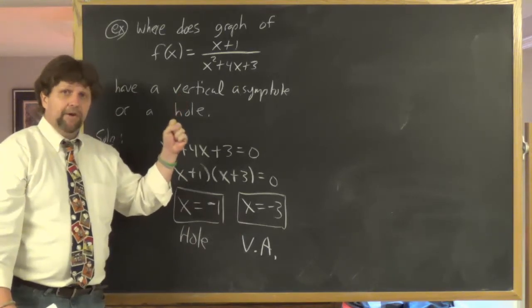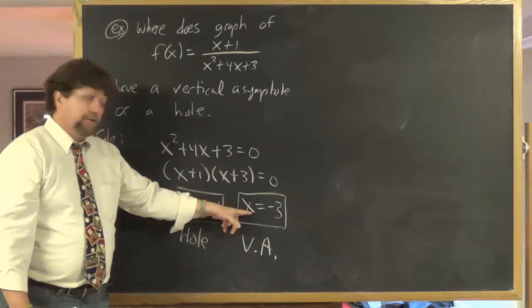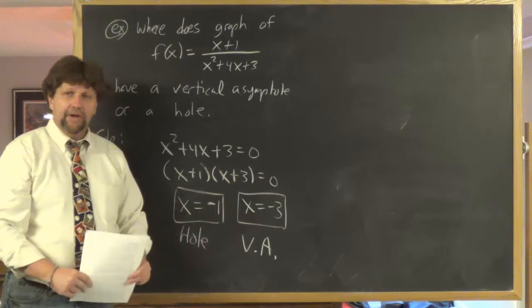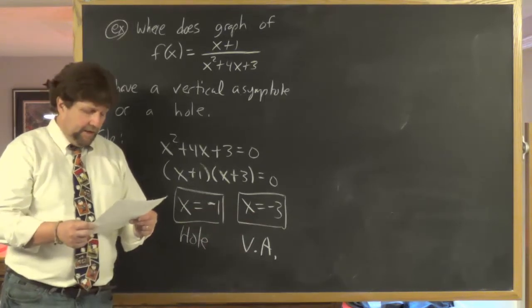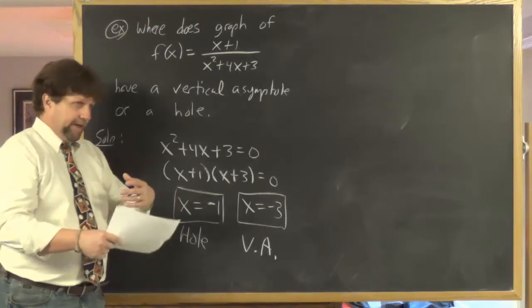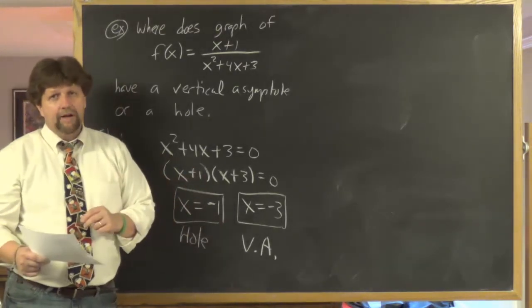If you get a 0 in the numerator, you got a hole in the graph. If you don't get 0 in the numerator, that's where you have a vertical asymptote. And so that's it for the difference between a vertical asymptote and a hole in the graph.